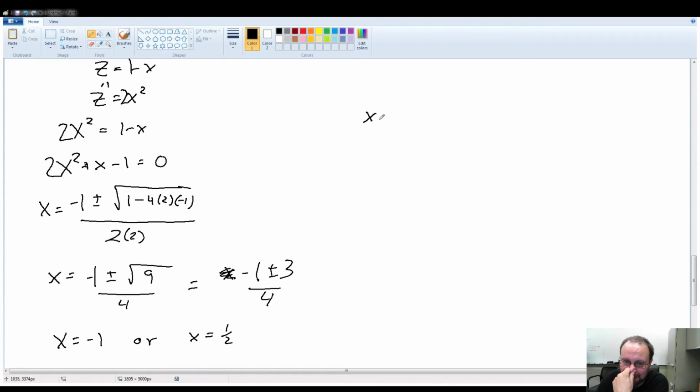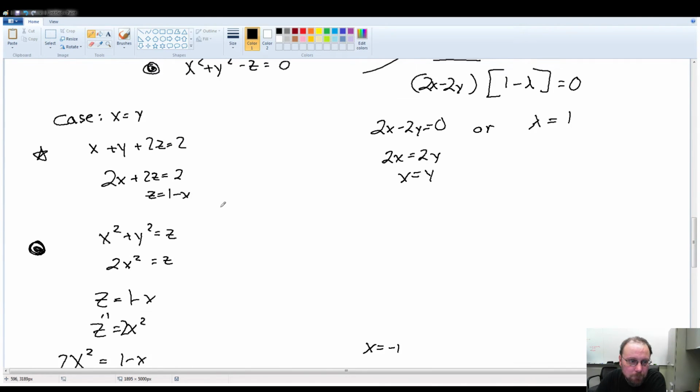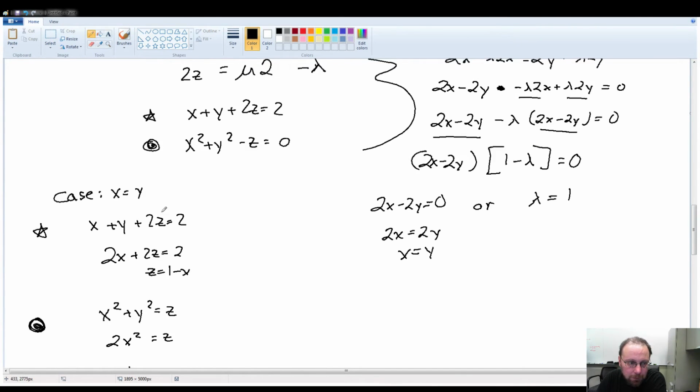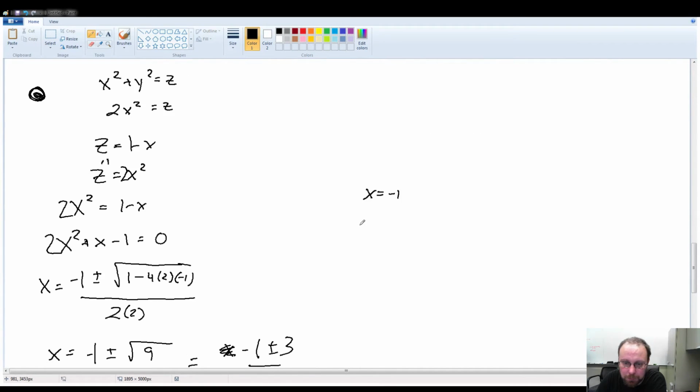Oh boy. Okay, yeah, that's not easy. If x is -1, what is y? Well, remember we're dealing with the case x equals y. So y would be -1 as well. And then what is z? Well, either one of these equations will tell me that with x equal to -1, z is 2, and it's consistent.